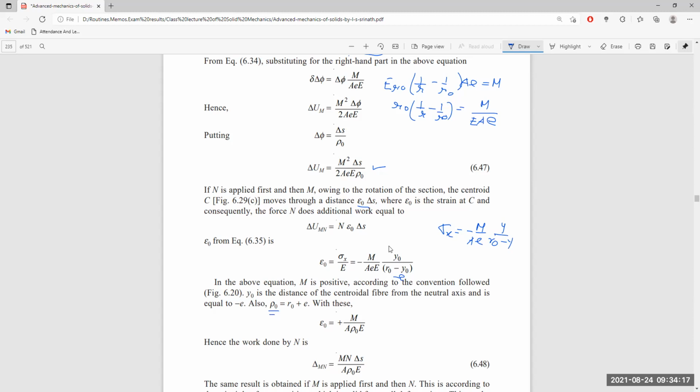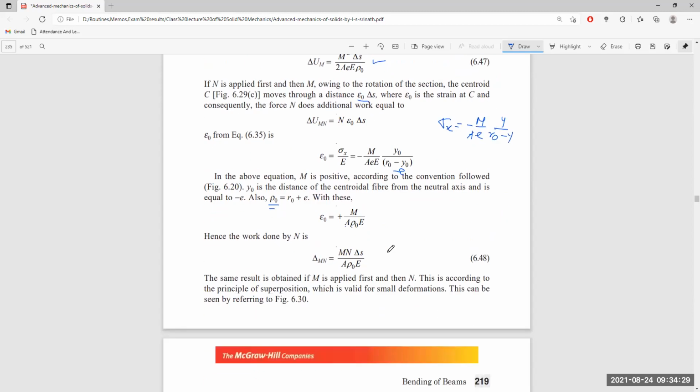So epsilon will become M divided by A rho 0 E. Thus the work done by N is M delta S divided by A rho 0 E. Same result will be obtained if M is applied first, then N. So this is according to the principle of superposition, valid for small deformation.